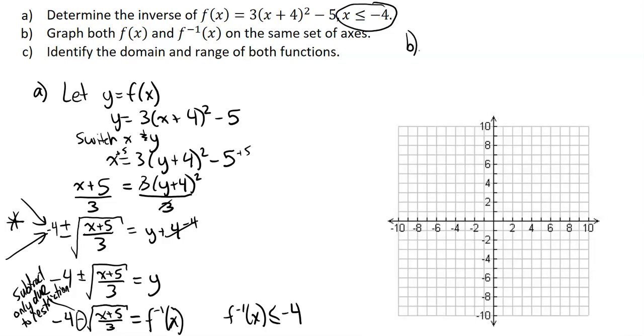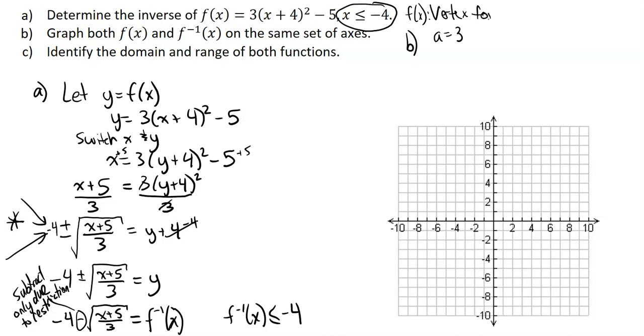In part B, it asks us to graph f of x and f inverse of x. We've never graphed f inverse of x before, but let's start by graphing f of x, and I'll walk you through how to do the inverse. F of x is in vertex form.